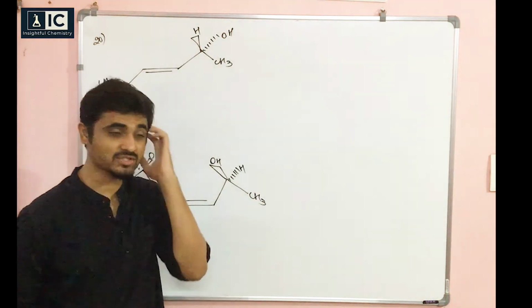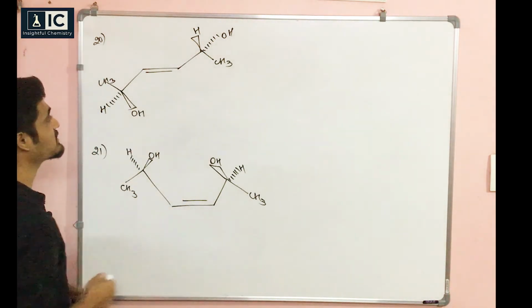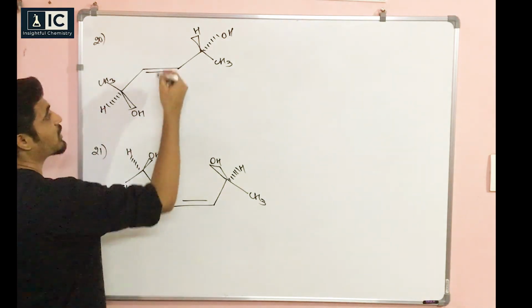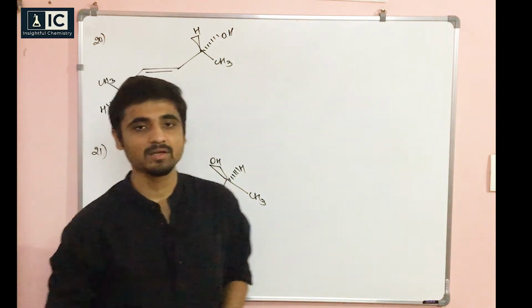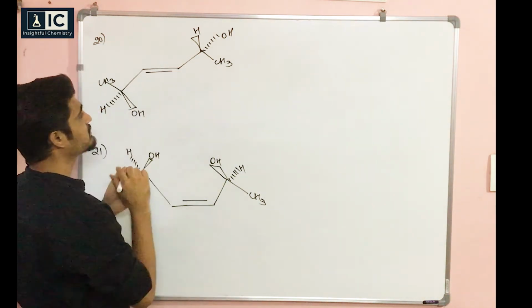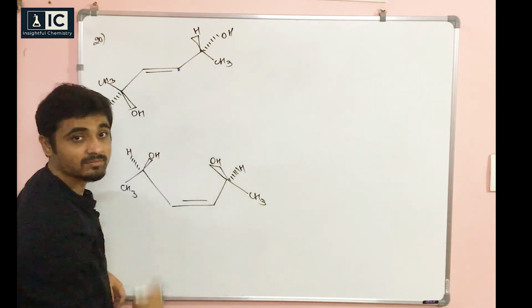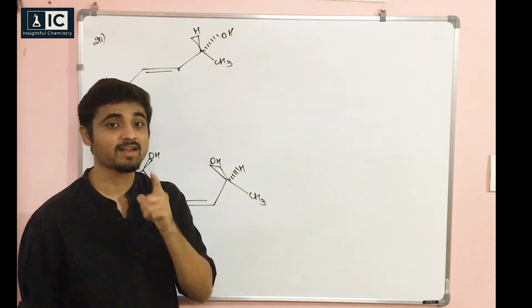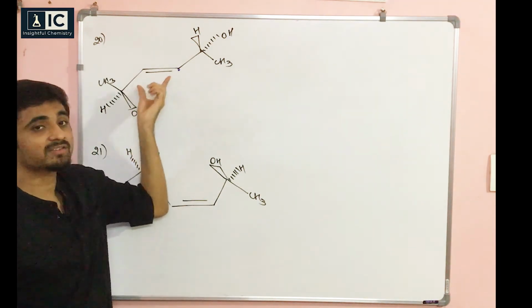Okay, so these questions, they look very beautiful, right? So let's try plane of symmetry in this. So what I'll do, this carbon is going up. Now you tell me, can I rotate this carbon like this and bring it down? Can I? No, right? If you have seen geometric isomerism videos, you'll understand that a double bond is a restricted rotation.